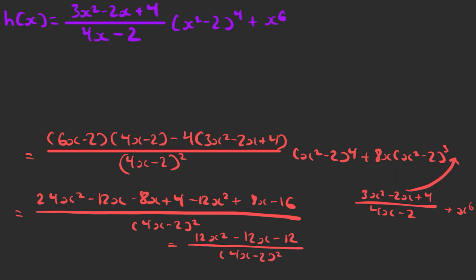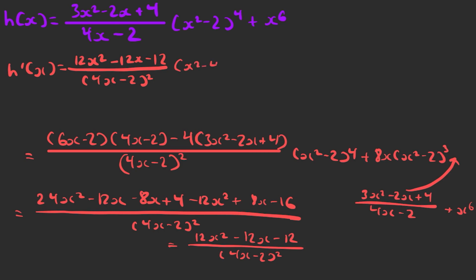Okay, let's rewrite this. So h prime of x will be equal to 12x squared minus 12x minus 12 over 4x minus 2 all squared, multiplied by x squared minus 2 to the power of 4.